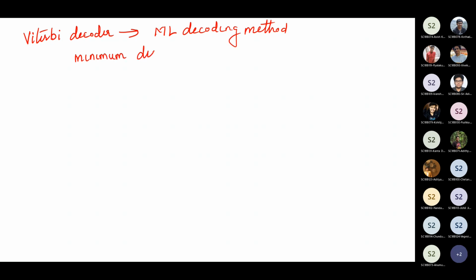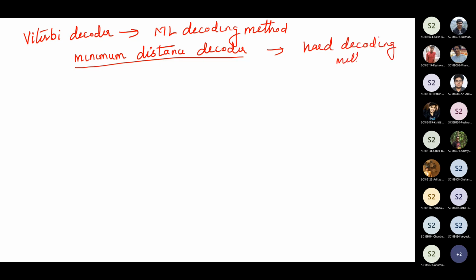ML decoder leads to the minimum distance decoder. So the Viterbi decoder, especially in the hard decoding method, will be using the minimum distance decoder. So minimum distance, how are they going to use this?